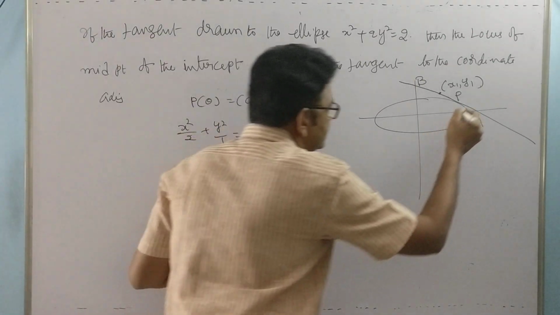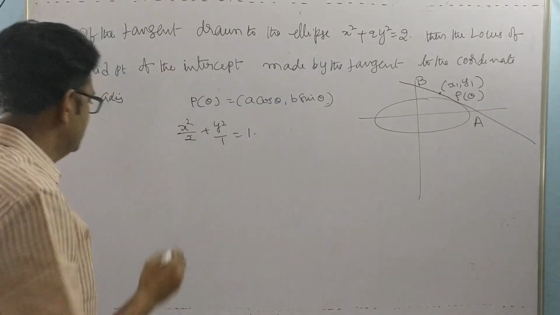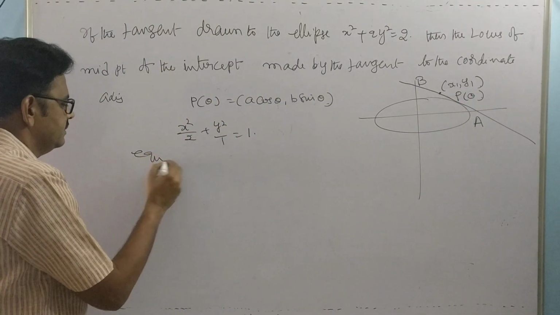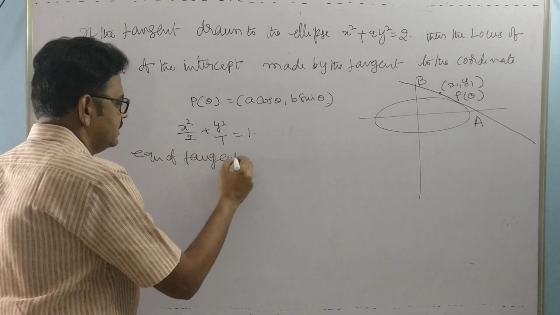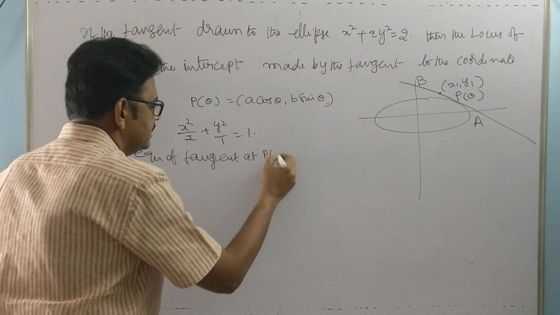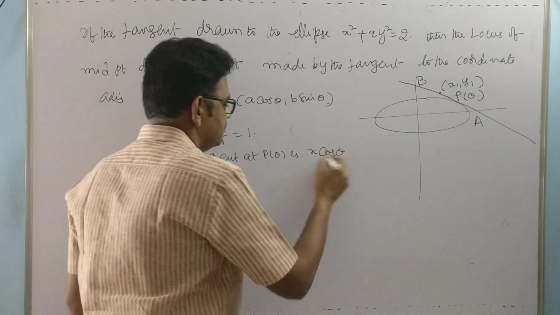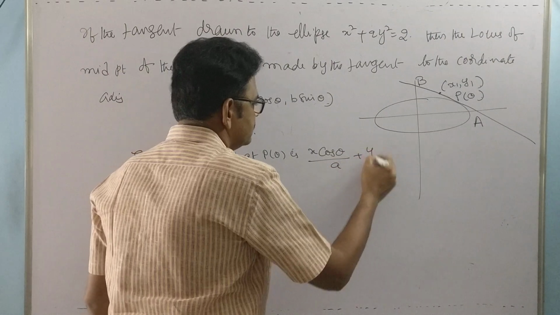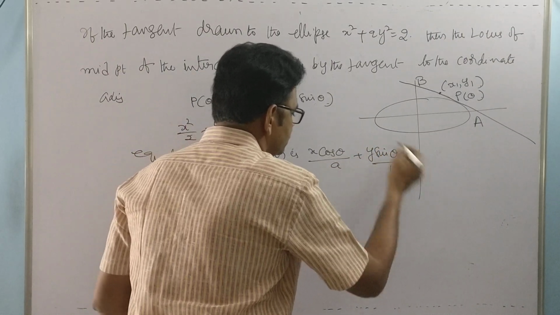At the point P theta, what is the equation of the tangent? The equation of the tangent at P theta is x cos theta by a plus y sin theta by b is equal to 1.